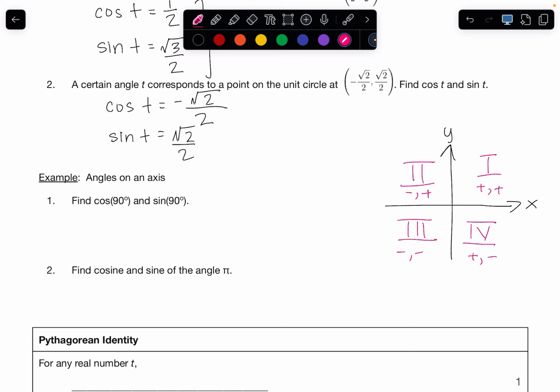That's important because when we start talking about inverses instead of reciprocals, we're going to have to limit our trig functions to only 2 of the 4 quadrants. So it's important to know the names of the quadrants so we know where our trig functions exist and where they don't. So this guy is in which quadrant? 2. Very good.